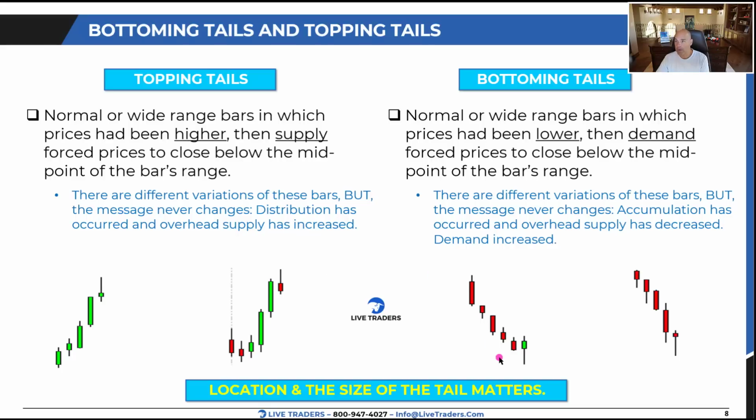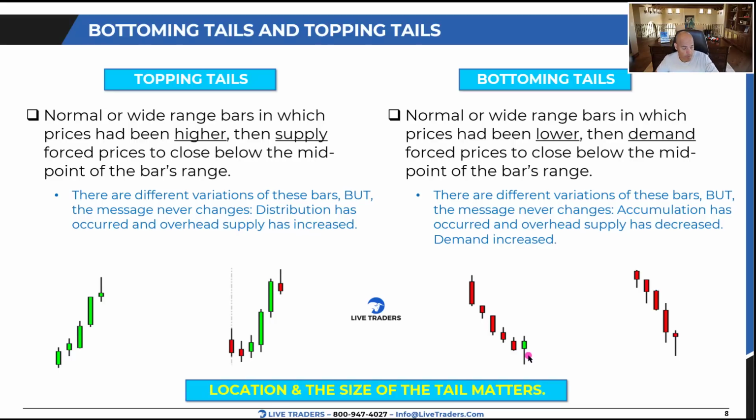And the same thing on bottoming tails. And I know for some of you that have a lot of experience, this is obvious stuff. But it's how you use it that matters, and we'll take a look at that here soon, okay? But 1, 2, 3, 4, 5 bars down, sellers are in total control here. No big thing. And then all of a sudden, big bottoming tail comes in.